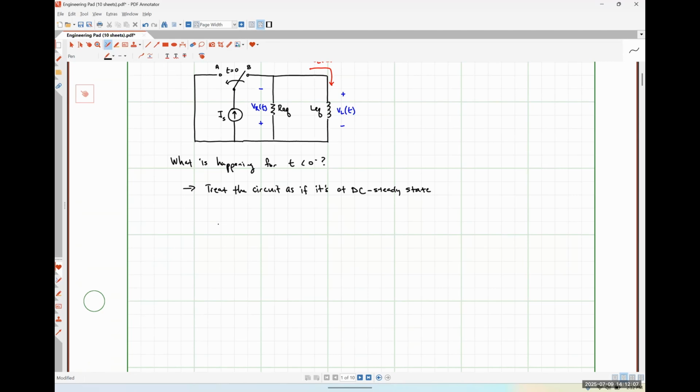So I've got my terminal A over here is going to be open circuited. Terminal B is going to be connected to my switch. All right, so something like this. Here's my equivalent resistance.